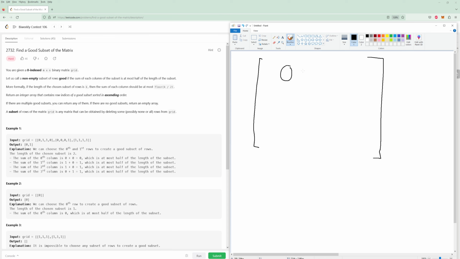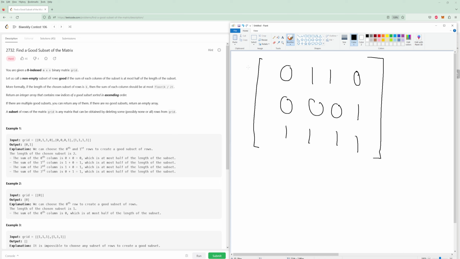So for the first one, we have 0, 1, 1, 0, 0, 0, 0, 1, 1, 1, 1, 1. What they mean is you want to get some rows, any amount, one or more, where if you look down the column of the rows you pick, the number of ones is half or less than the number of rows.